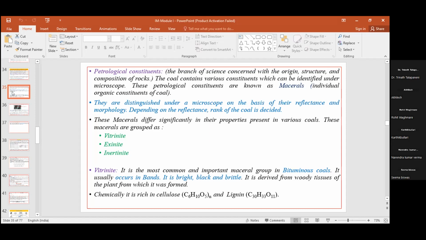Vitrinite is basically present in bituminous kind of coals, and it exists in the form of bands, which is derived from the woody tissues of plants, and they are rich in cellulose and lignin.